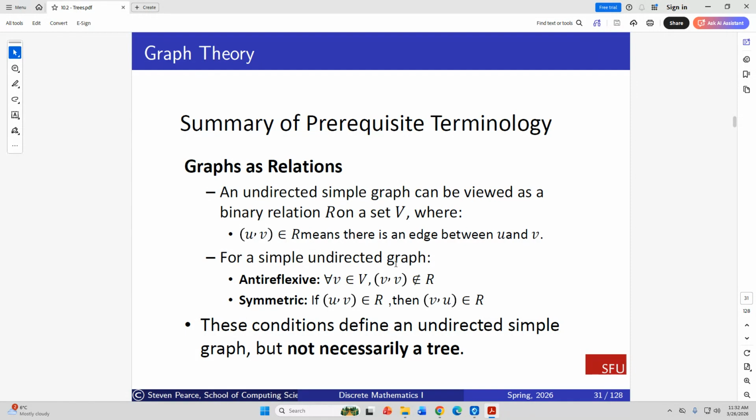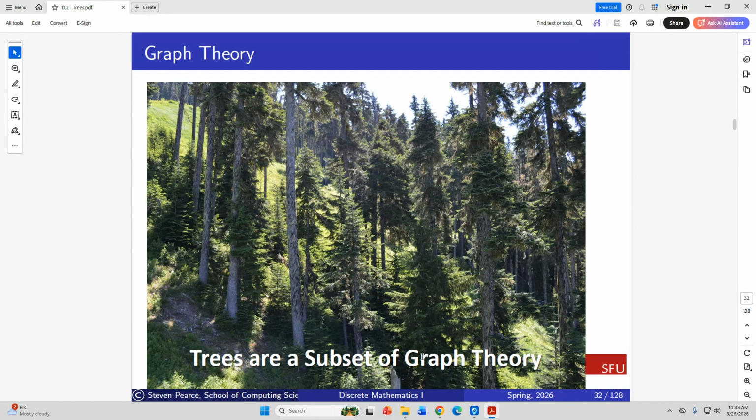It's undirected, of course, so it's symmetric, meaning one edge going this way and a return edge, or just one line going both ways. These conditions define an undirected simple graph, but not necessarily a tree. You have to have more for a tree.